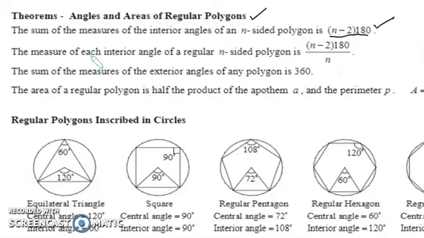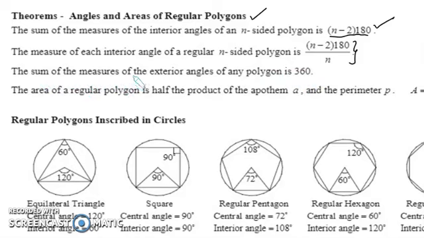The measure of each interior angle of a regular n-sided polygon is the sum divided by n. So n minus 2 times 180 by n. That is the measure of each angle. Don't worry, I am going to explain all these with numbers and examples, so you will understand it better.